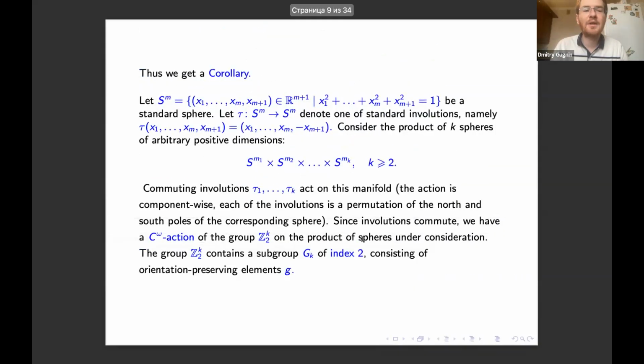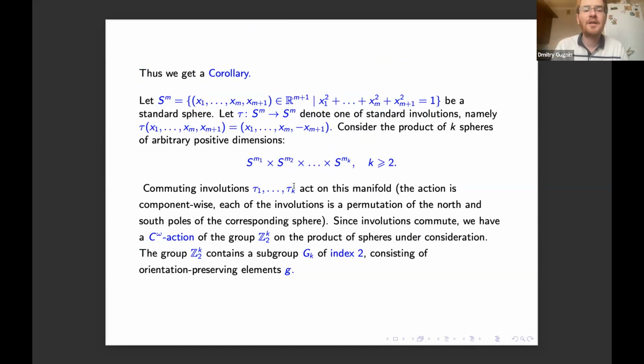What we have as a corollary, just a topological corollary, is that you may take as the doublings the standard spheres, and the involutions are just the standard involutions that permute the north and the south pole of the sphere. Then you have the product of spheres and commuting involutions acting on this manifold.